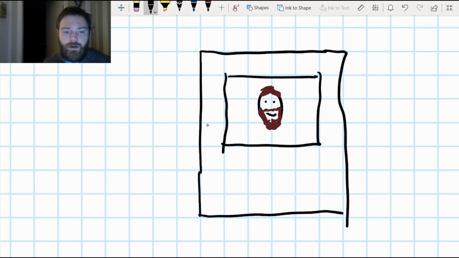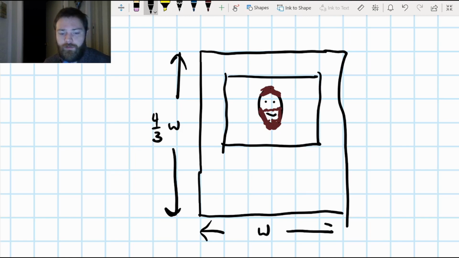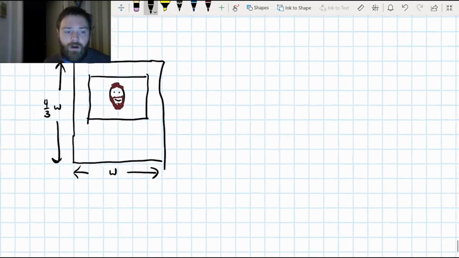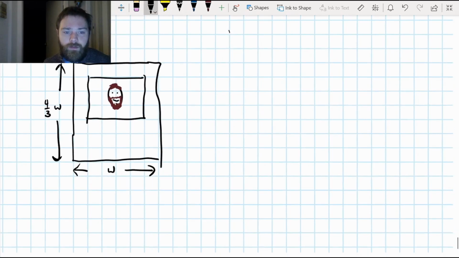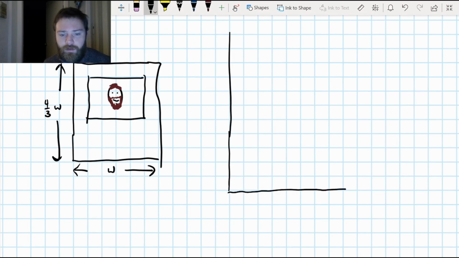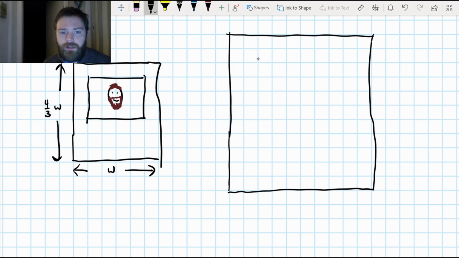Okay, so it tells me this is my image. The height is 4/3 times the width, and here's the width. If we enlarge this and put it on our wall, it's going to be the exact same image, just enlarged.